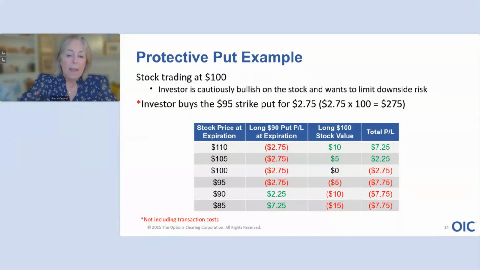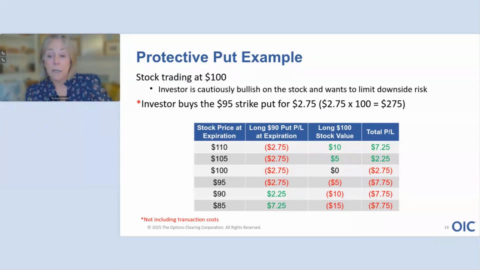Now, if it goes up, and anything above $102.75, I will be profitable. That's my break-even point. If it closes exactly at 100, then I'm going to lose whatever I purchased that put for.